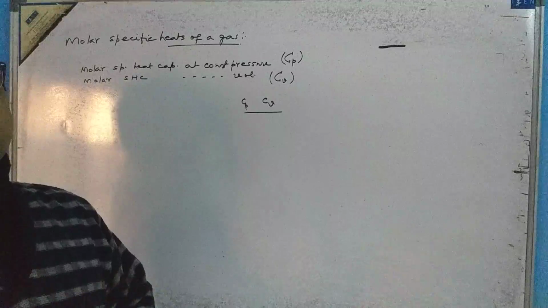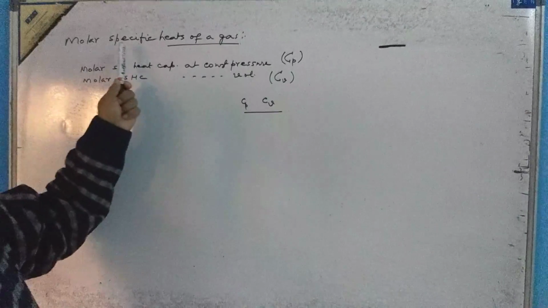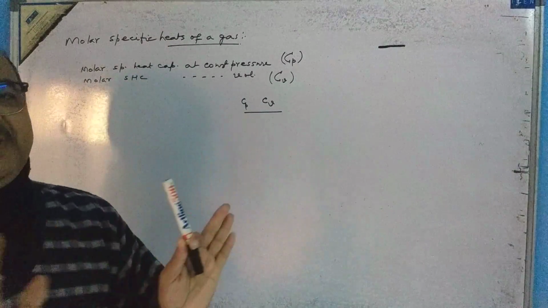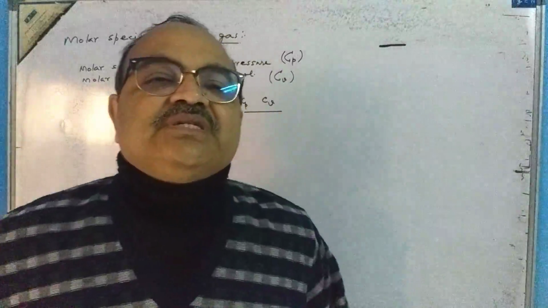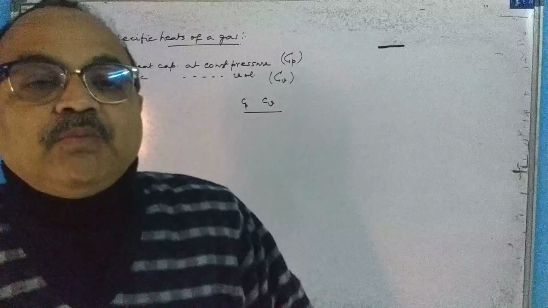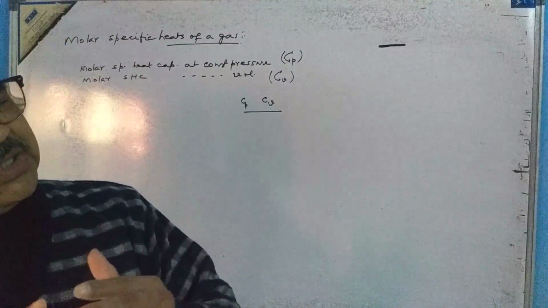Now, in continuation of this, today we are to discuss molar specific heats of a gas. Earlier it was the simple, ordinary specific capacity. Now we are to discuss the molar specific capacities of a gas.